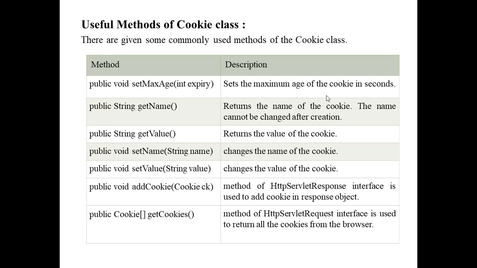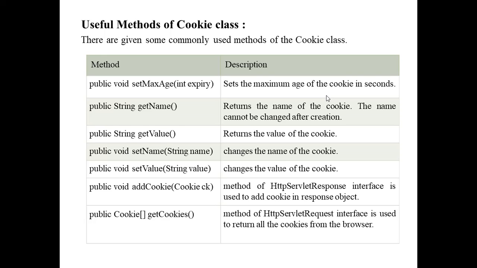First method is public void setMaxAge with parameter int expiry. This method sets the maximum age of the cookie in seconds. Second method is public String getName. This method returns the name of the cookie, and the name cannot be changed after creation.